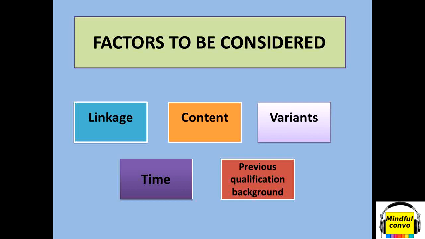Then variance. Basically variance is dependent upon the country. You will see that AFM and APM don't have variants; variants are there in taxation and auditing. You have to understand that if you are, let's say, working in India and you are taking the knowledge of UK taxation or any other country's taxation, then it won't be very helpful in India.